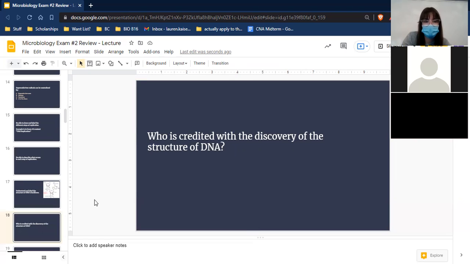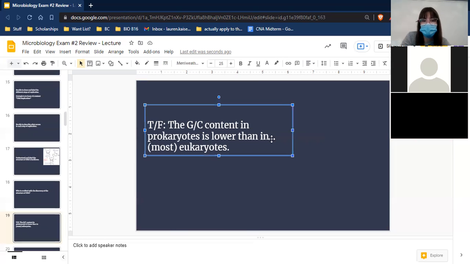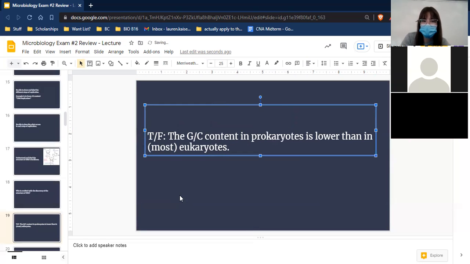Okay, move on. Here is another question. This is going to be more chapter 7, but the GC content in prokaryotes is lower than in most eukaryotes. Is this true or false? I hear true.